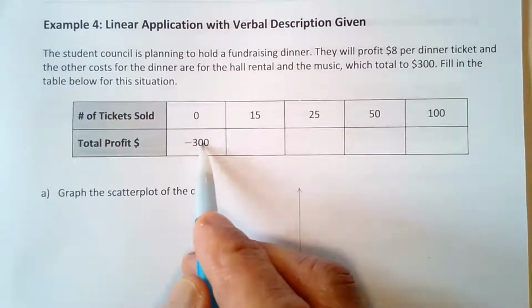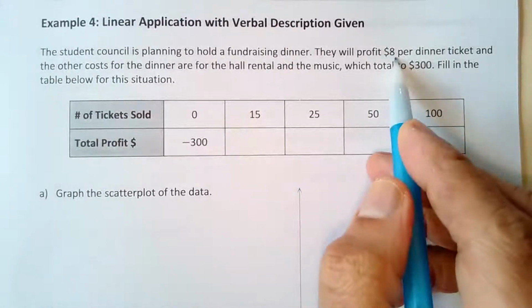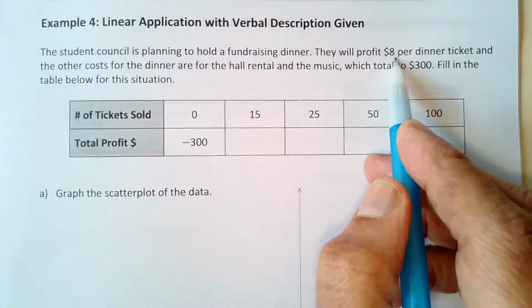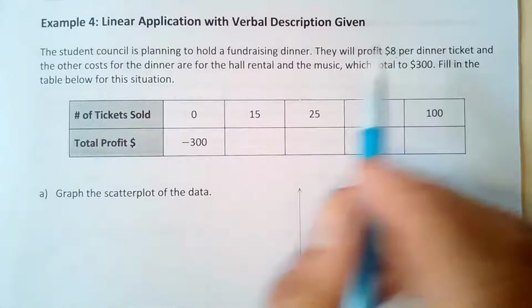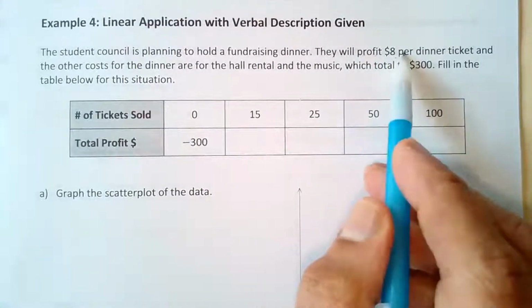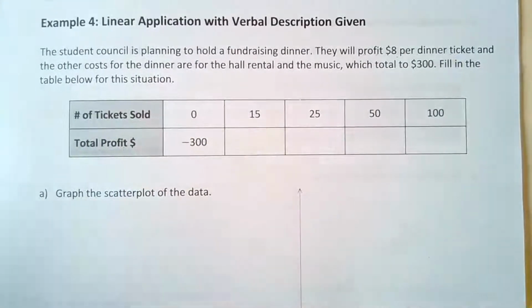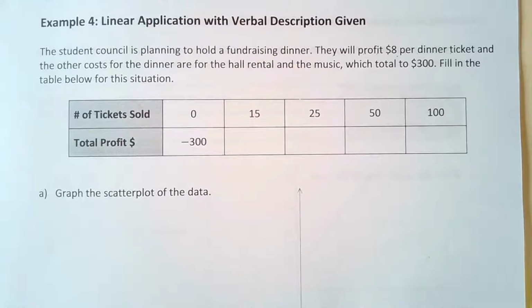So they're in a hole. For every dinner ticket sold, they will make $8.